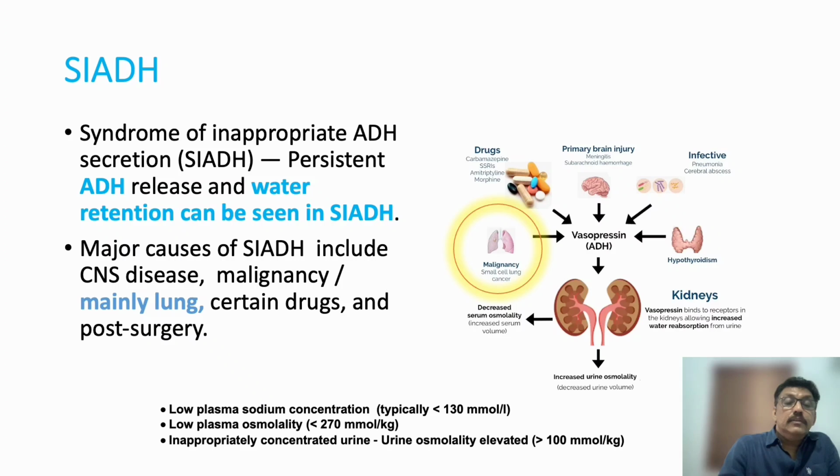So here there are three important things: low plasma serum concentration, sodium is low in the serum; low plasma osmolality, that means it's a real hyponatremia, not a pseudo hyponatremia. Third one is urine osmolality is elevated, that means urine sodium is more, urine excretion is more.